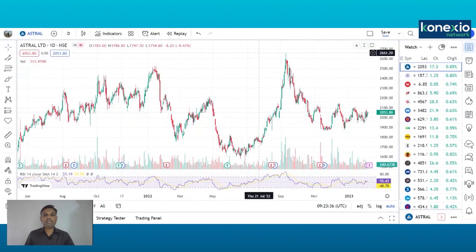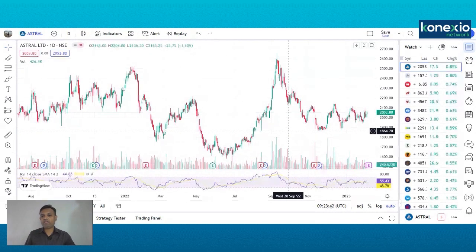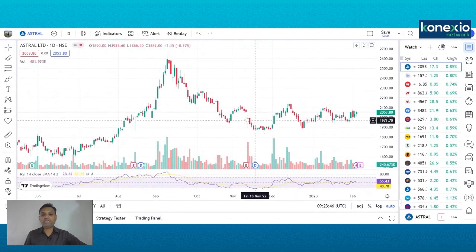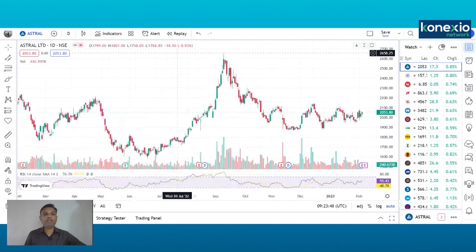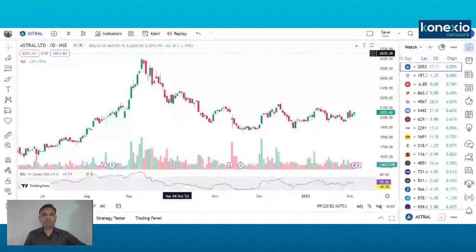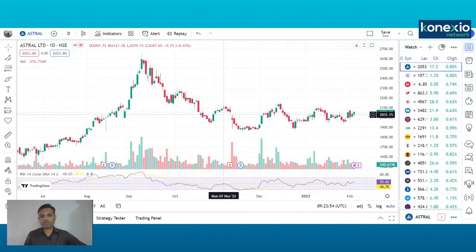The stock has corrected from the levels of 2600, and has taken a support around 1864. So it has corrected significantly from its almost lifetime high.